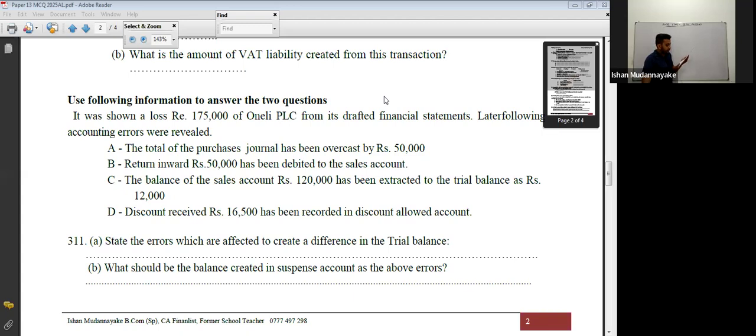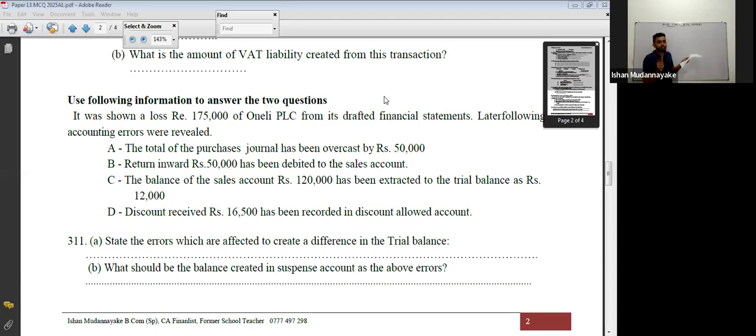Total of the purchase journal has been overcast by 50,000. If the total of the purchase journal has been overcast by 50,000, that error will not impact the agreement of the trial balance.